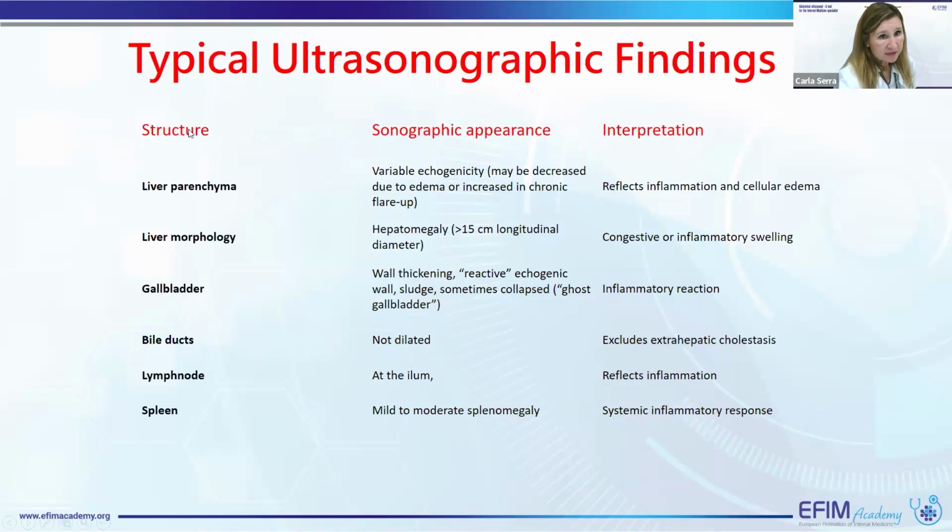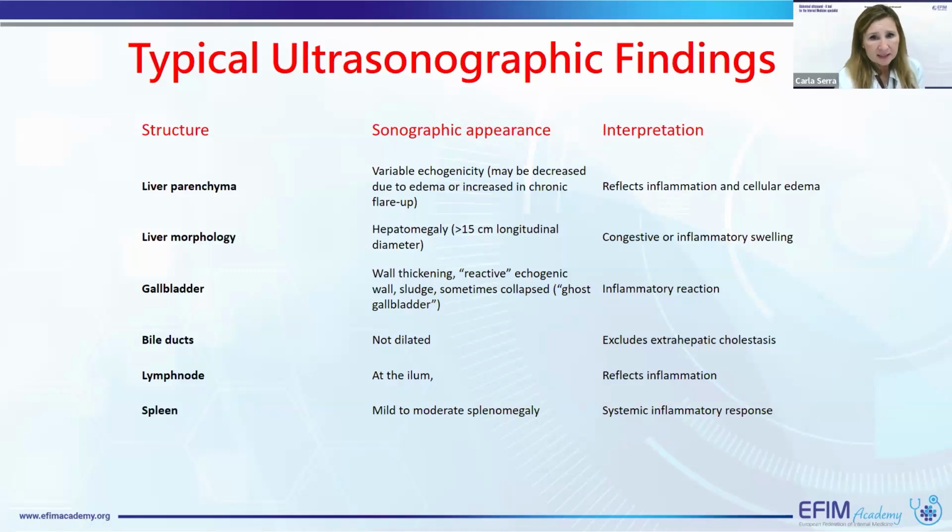You look at different structures of the liver, the parenchyma, the morphology of the liver, but also the gallbladder, bile ducts, lymph nodes, and spleen. And the sonographic appearances are different.